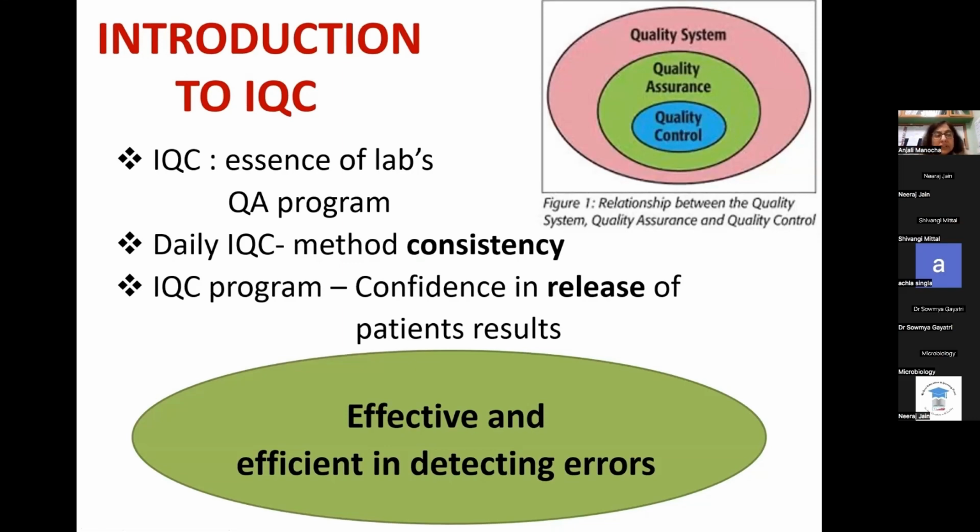We run an IQC daily. And if it's a 24-hour lab, it's done 8 hourly. Most labs run it at least twice a day. So the aim of this is to get a method consistency and to also get confidence in the release of patient results. So an IQC is the best, the most effective and efficient way in detecting errors.